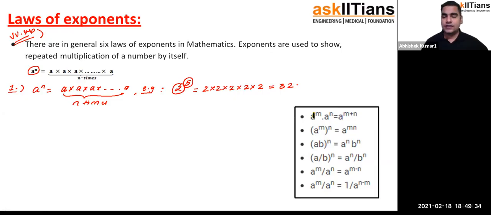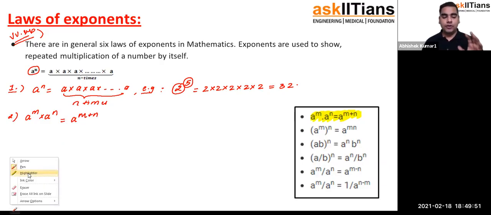Now what is the second rule we have? The second rule is a raised to the power m into a raised to the power n is equal to a raised to the power m plus n. See, here it is very important to note that this property number 2 is only applicable when the base is same.